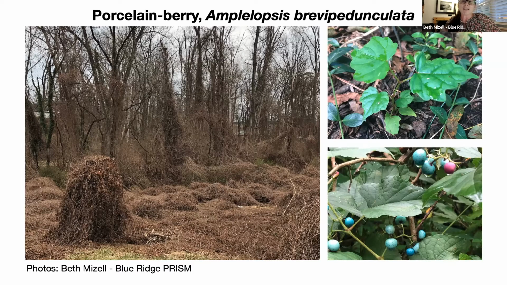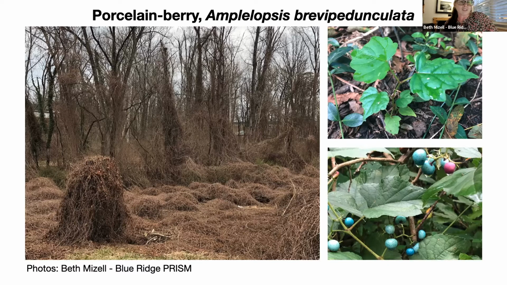And right now, the berries are actually the easiest way to identify this plant. They have irregular small clumps of multicolored fruit, and the color ranges from lavender to dark purple to blue. In the lower right photo, you can see the fruit has these little tiny dots, and I think it kind of looks like candy, but it's not good to eat at all.